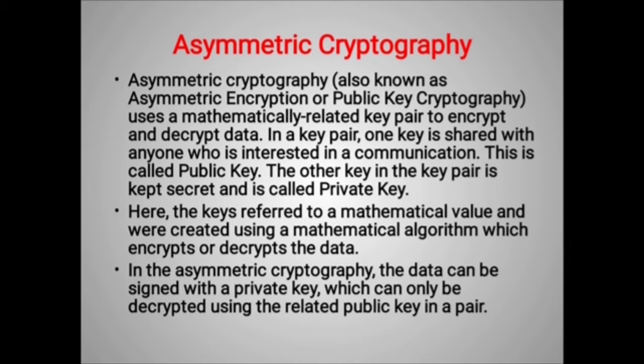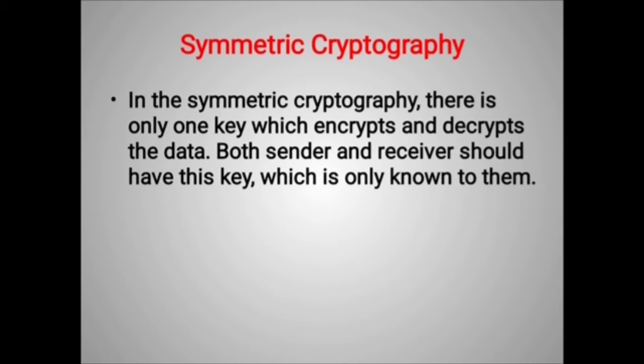Otherwise, if you don't have one of the keys, your data will remain encrypted. Then we have symmetric cryptography. Symmetric cryptography uses only one key that both encrypts and decrypts the data. Both sender and receiver should have this key, which is known only to them. So these are the two methods through which HTTPS works.